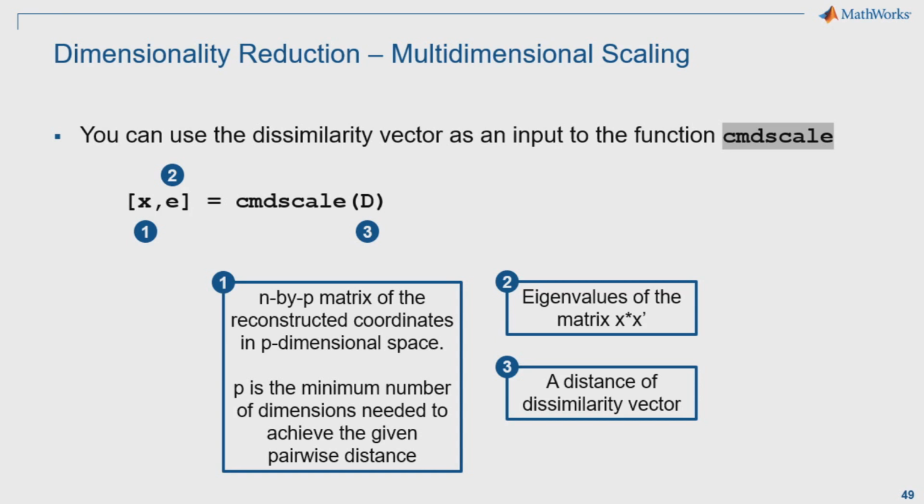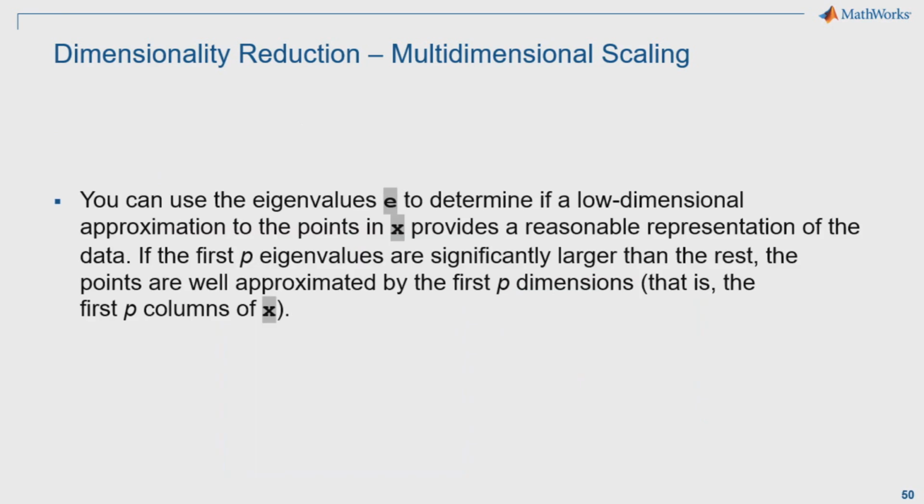X transpose, which is a kind of correlation matrix of your dataset. So you can use, as I said, the eigenvalues E to determine, before it was the amount of variance, here it is to understand how informative that specific dimension is.